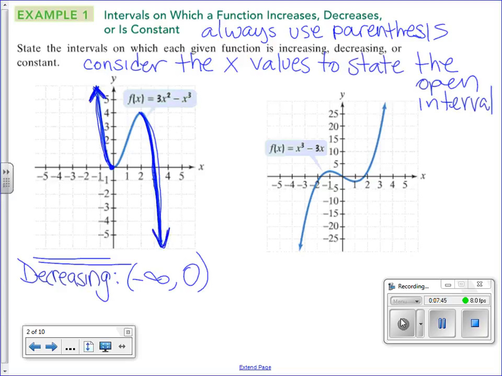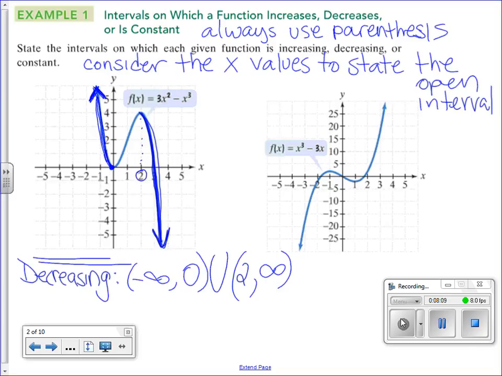And so that will happen from x equals 2 to infinity. And we could say union to state that we're talking about two distinct intervals, or if you want to put a comma between them or something like that, it's fine.